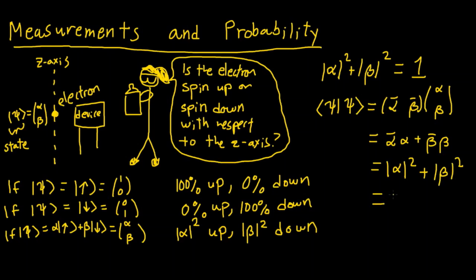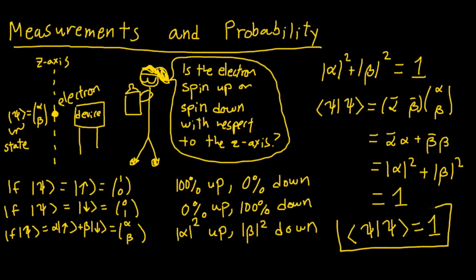That has to also be equal to 1. So we can see that the condition that the inner product of psi with itself being equal to 1 is the same thing as the condition that all probabilities sum to 1.